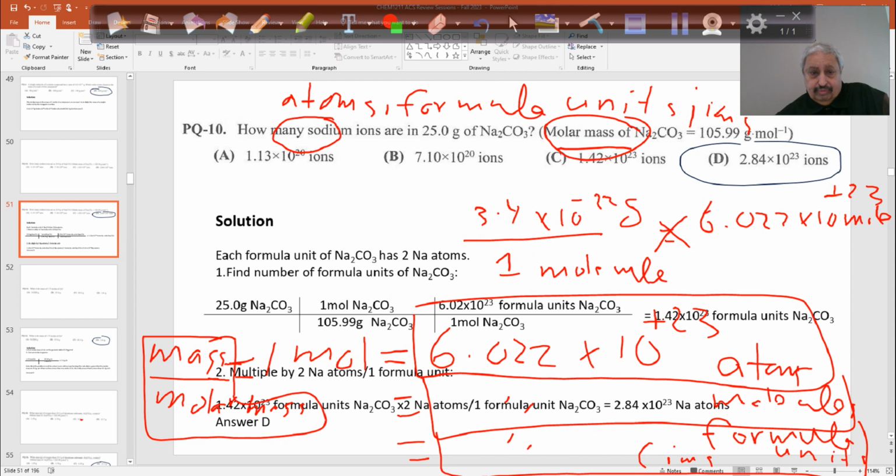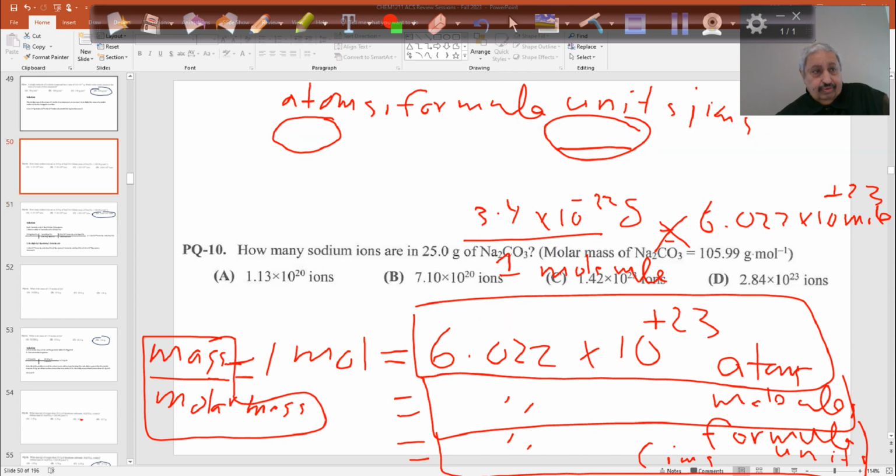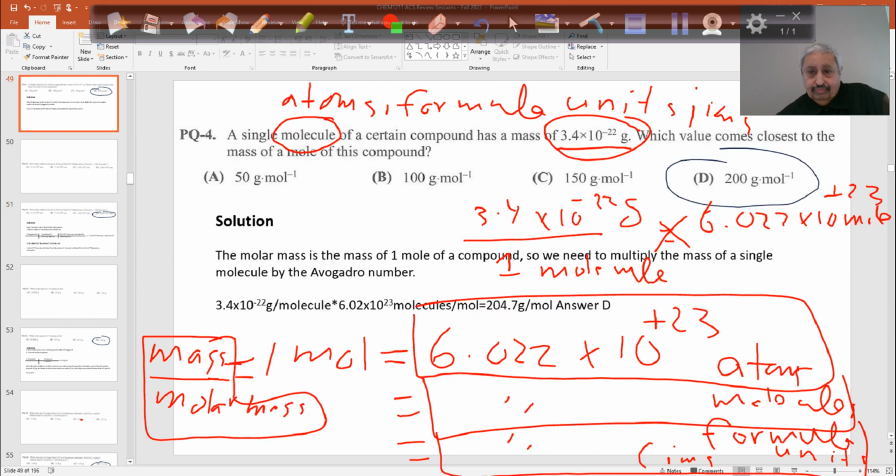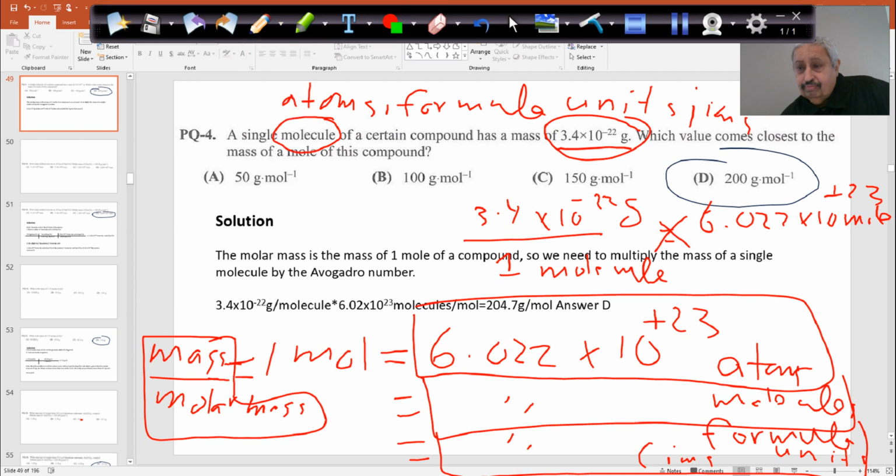Where is it? Here it is. Avogadro's number of molecules per mole. Per mole. So the molecule here on the top is molecules, by the way.